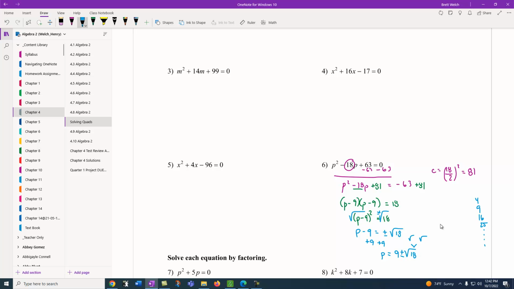The number that goes into 18 that belongs on this list is 9, and it goes in twice. Well, the square root of 9 is 3, so my answer should really be 9 plus or minus 3. That comes from the square root of 9, but there's a leftover root of 2, and that is how we use completing the square to solve these problems.